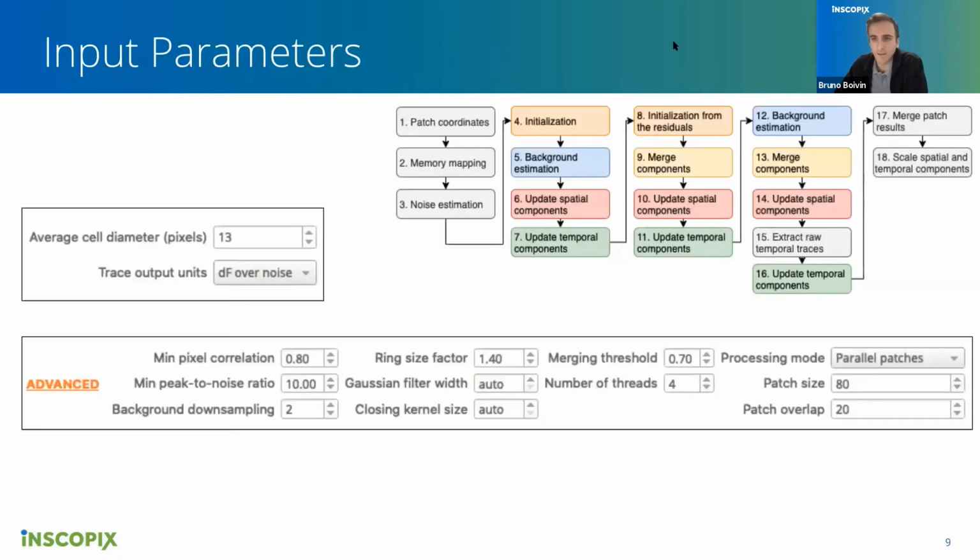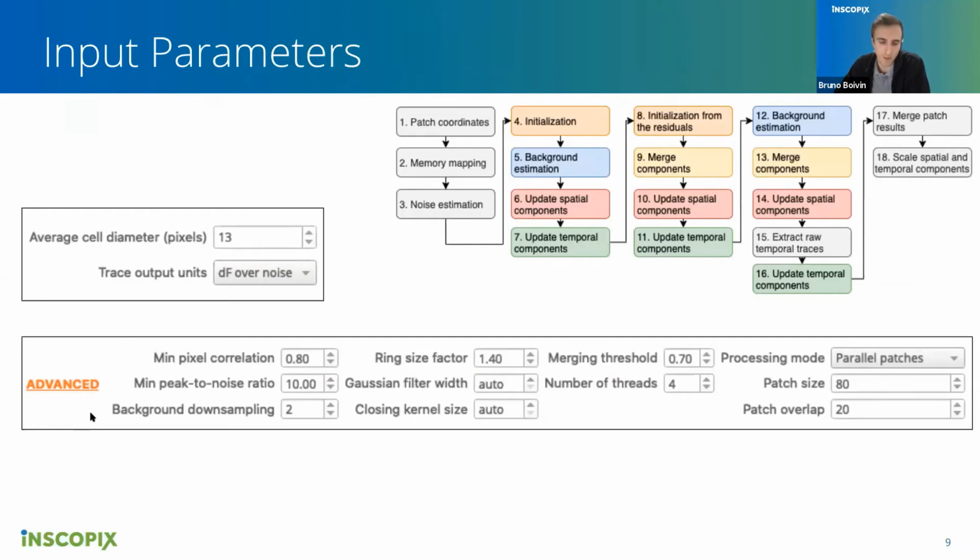Okay, so let's talk about the input parameters. At the end, I'll give you a little demo in the IDPS so that we can see it in action. These are screenshots taken from the user interface in IDPS. The first box, where you see average cell diameter and trace output units, is in the regular panel, so it's displayed to the user by default.